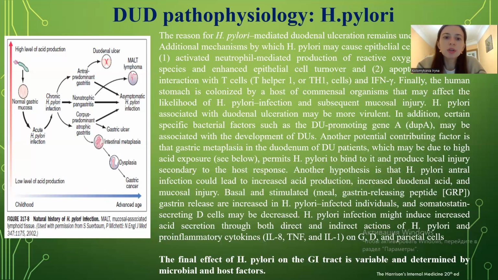In addition, certain specific bacterial factors, such as the duodenal ulcer promoting gene A, may be associated with development of duodenal ulcer.